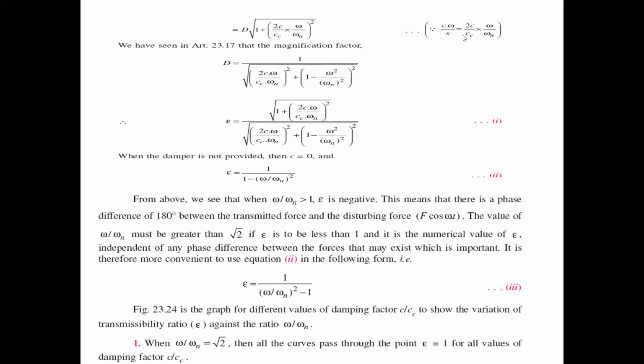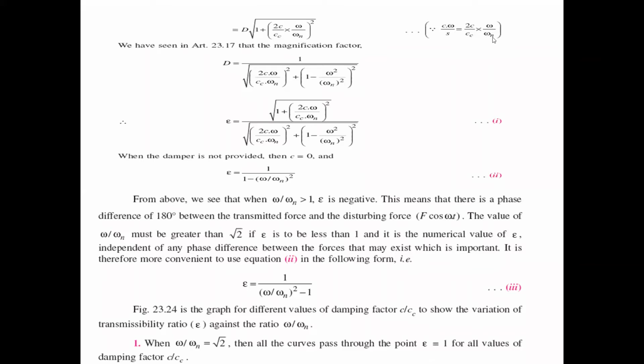Just observe that. c is there. c means damping, the damping coefficient, and cc is the critical damping coefficient. So it may also be written that 2c by cc into omega by omega n.